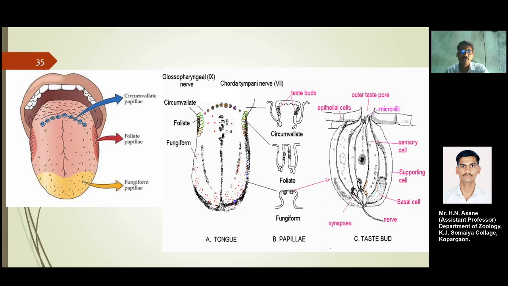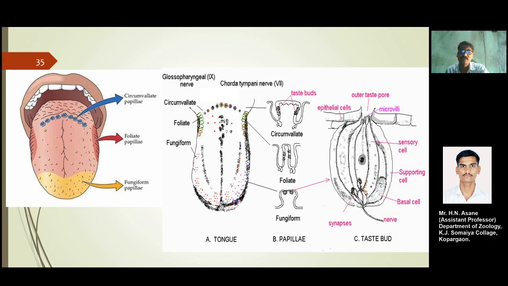Whichever compound gets attached to that specific type of cell is supported, and synapses occur over the synaptic cells. Then at the basal cells, at the nerve, the electric impulse is generated, and these electric impulses are passed by means of the nerves.